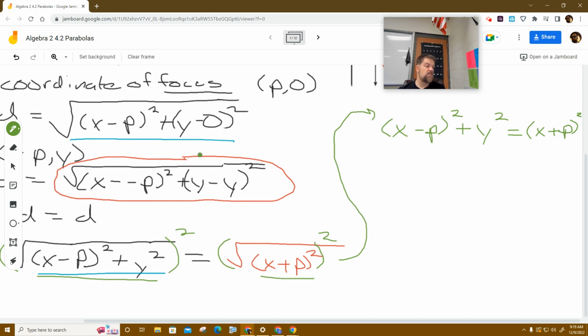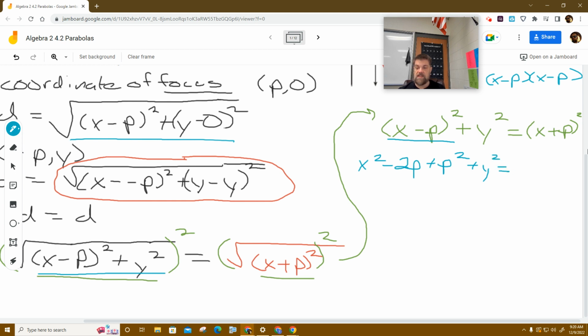Now, one of the things that I could do in this particular case is actually square these things out. So x minus p squared, this whole thing right here, and so let me just kind of show you what I'm talking about. If I come over and I say x minus p times x minus p, which is squared, and I do all the math, that actually becomes x squared minus 2px, or actually plus p squared, plus the y squared.